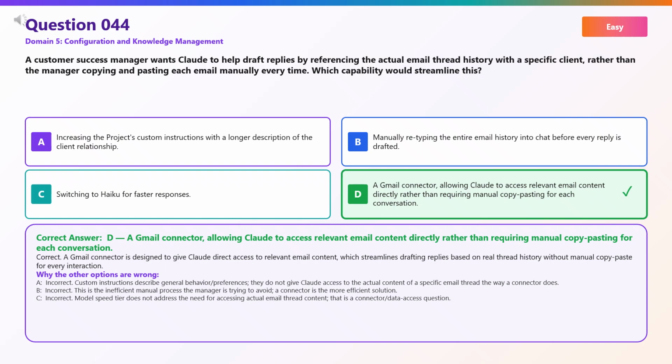This is the inefficient manual process the manager is trying to avoid. A connector is the more efficient solution. C. Switching to Haiku for faster responses is incorrect. Model speed tier does not address the need for accessing actual email thread content. That is a connector data access question.